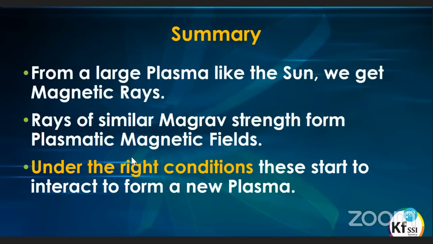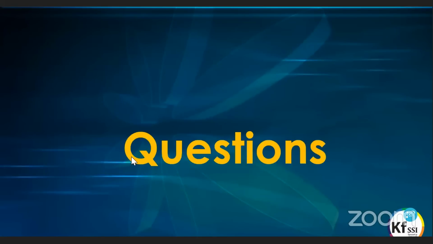And so from a large plasma like the sun, we get the magnetic rays, and the rays of similar strength form plasmatic magnetic fields, and under the right conditions, these start to interact to form a new plasma. So I hope that made sense. It is quite a complicated section, but it is important to understand the fundamental building blocks of everything and how these interact.